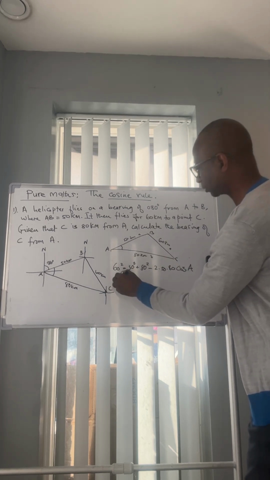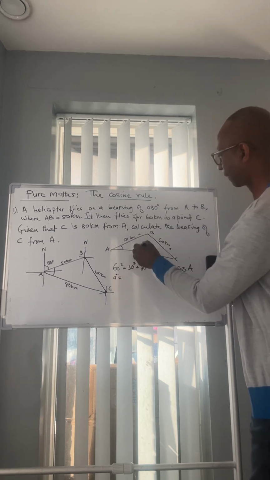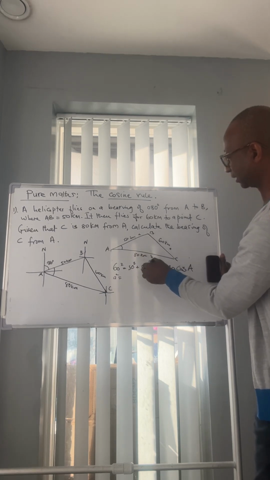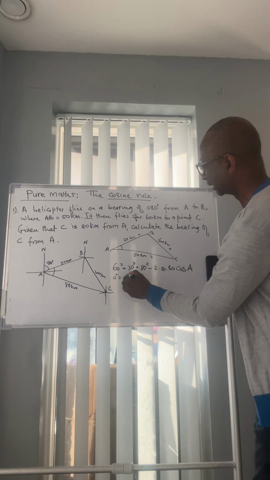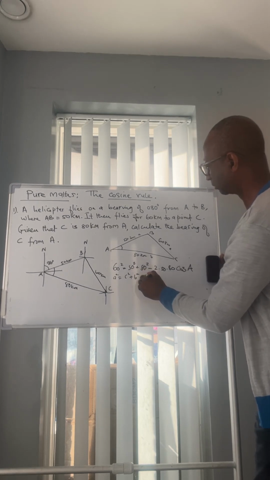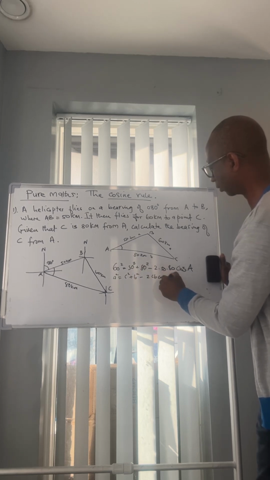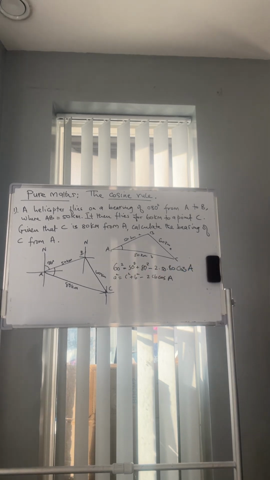So A squared equals C squared plus B squared minus 2CB, the cosine of A. This is the cosine rule.